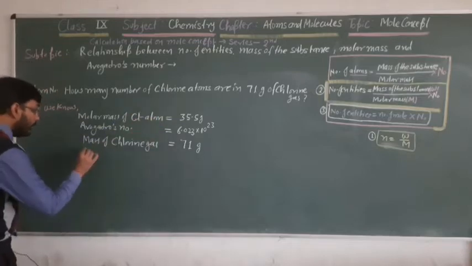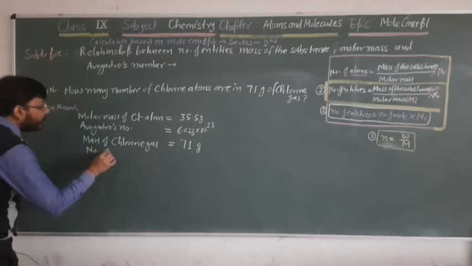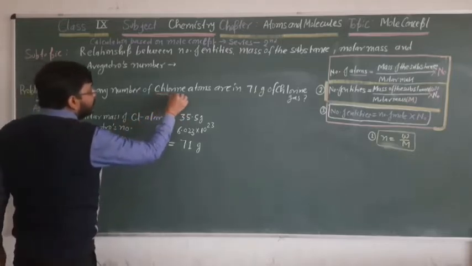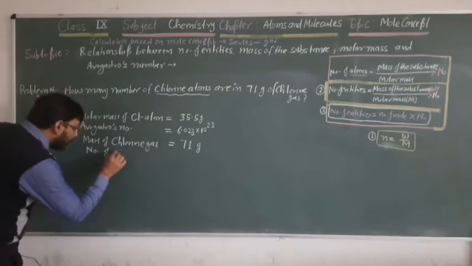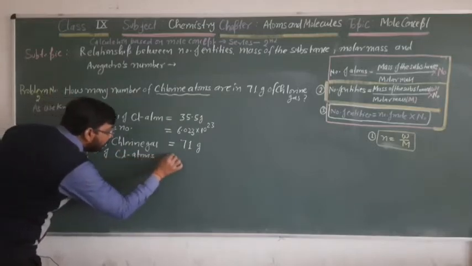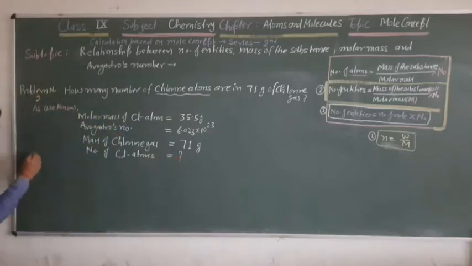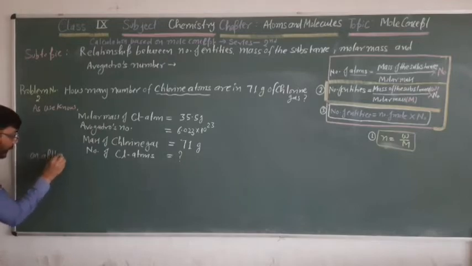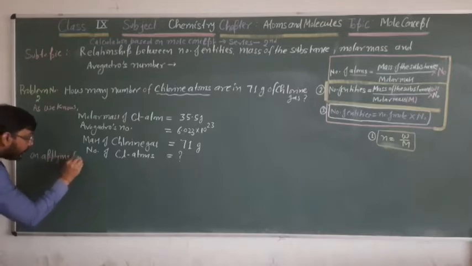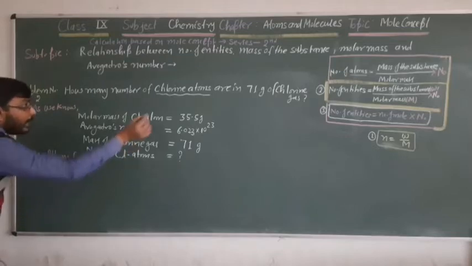Now, number of entities means what? Here it is asking for chlorine atoms. The number of chlorine atoms we need to calculate. The second step is applying the formula.